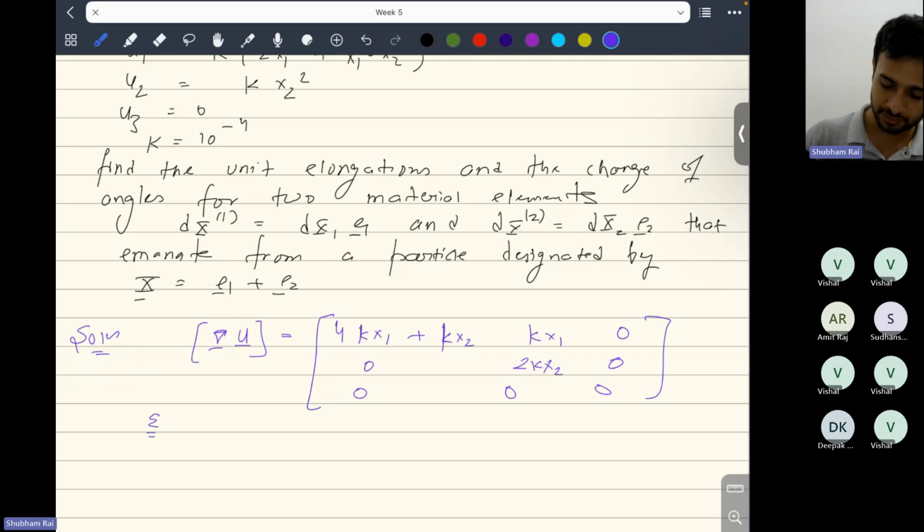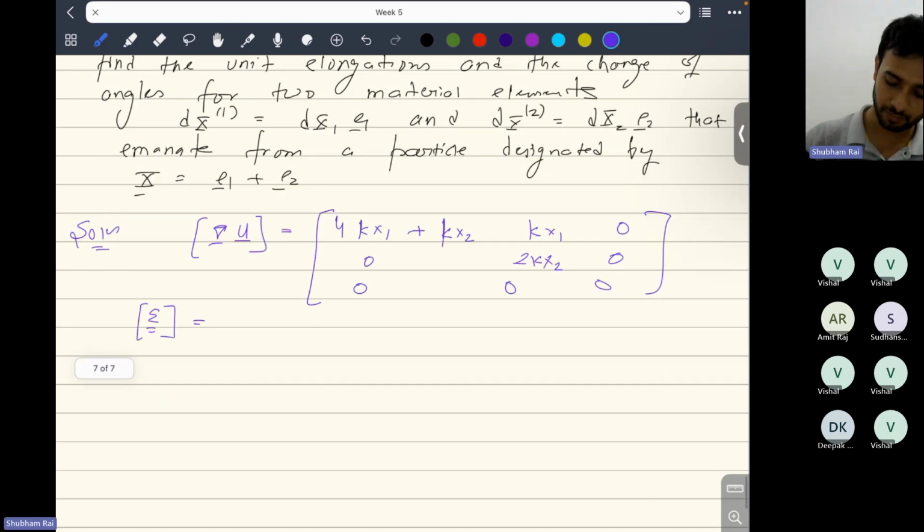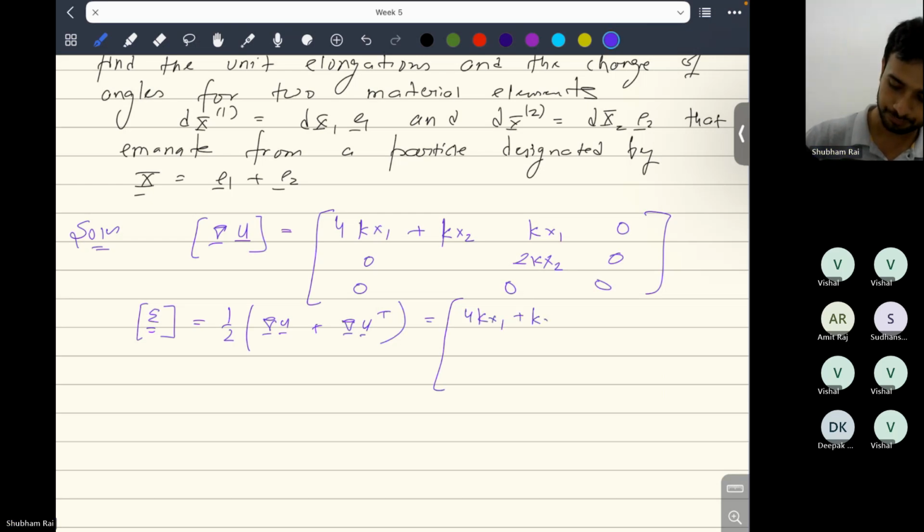Now you can easily find the infinitesimal strain tensor. That is given by half of grad u plus grad u transpose. If you write it in terms of a matrix, the first element will remain as it is, so 4k x1 plus k x2. The second one will be k x1 by 2.